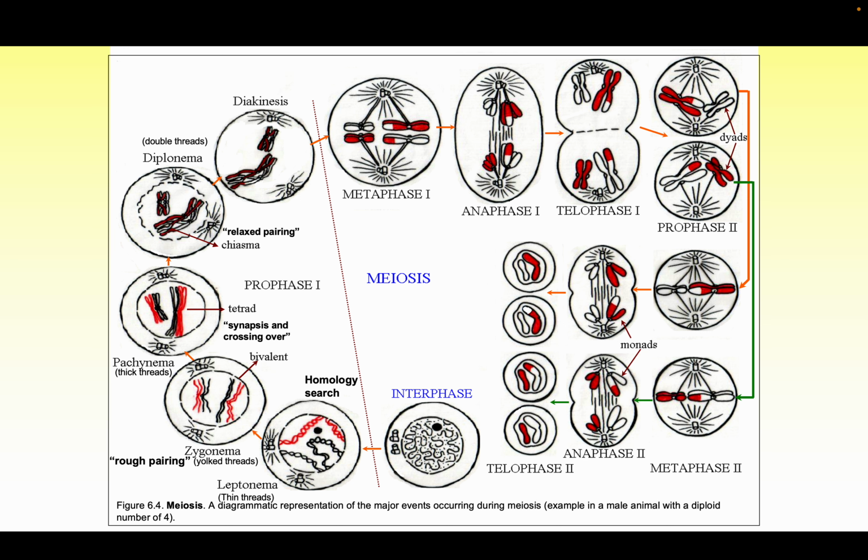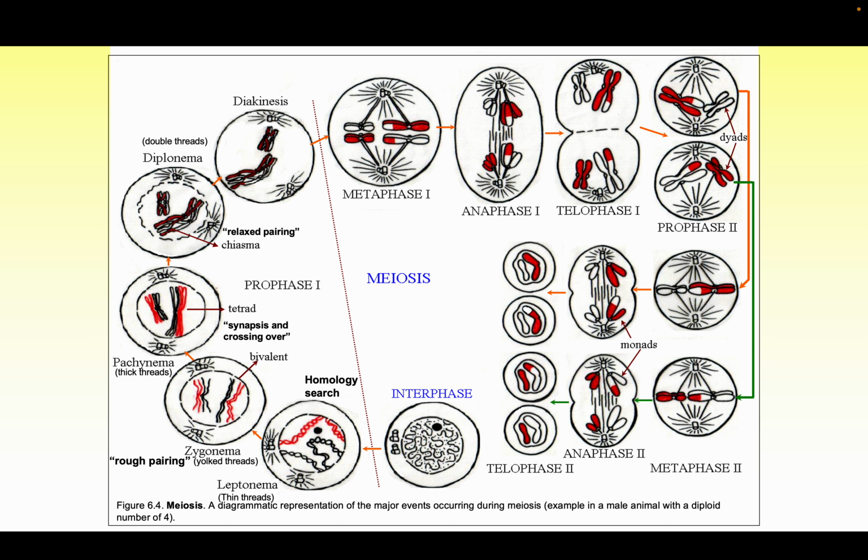And there are important processes to take note of during meiosis 1, because unique to meiosis, the interchange of the DNA genetic material between homologous chromosomes allows for genetic diversity.